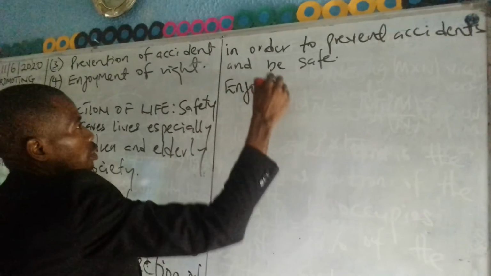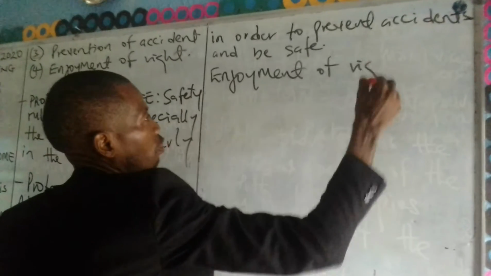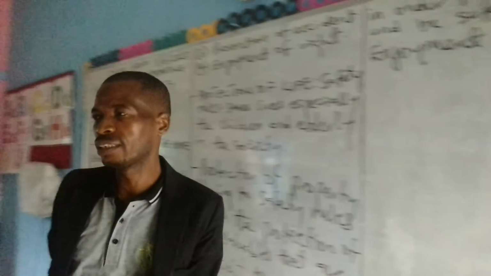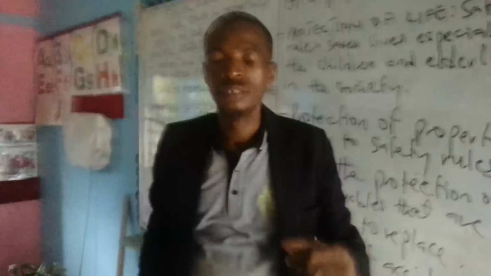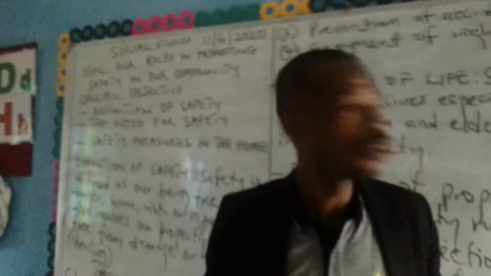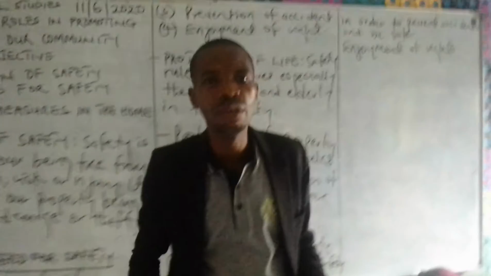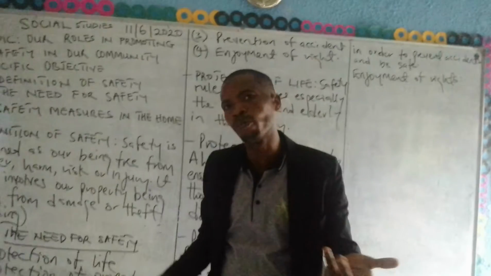The next one, which is the fourth one, is enjoyment of rights. What do we mean there? People need to obey safety rules in order to enjoy social, economic, and political rights. What do we mean by social, economic, and political rights?